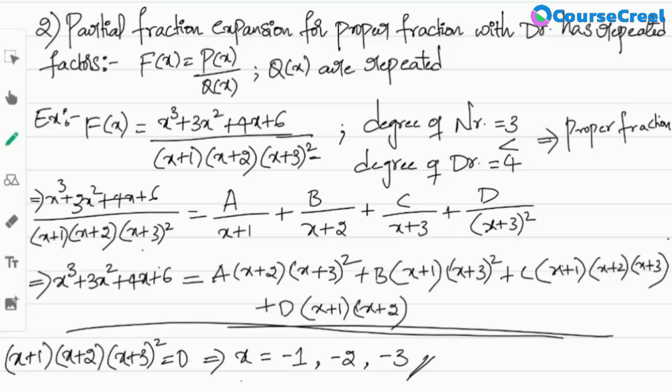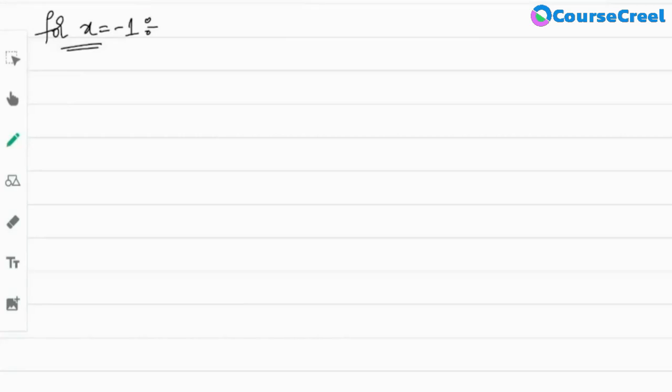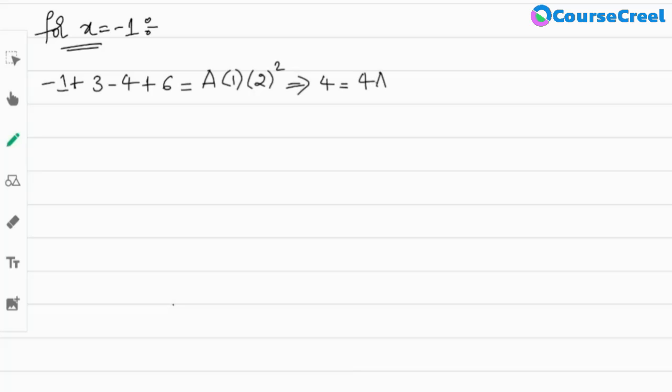So first we will substitute x equals minus 1. For x equals minus 1, we get minus 1 plus 3 minus 4 plus 6 is equal to A into 1 into 2². This implies 4 is equal to 4A.